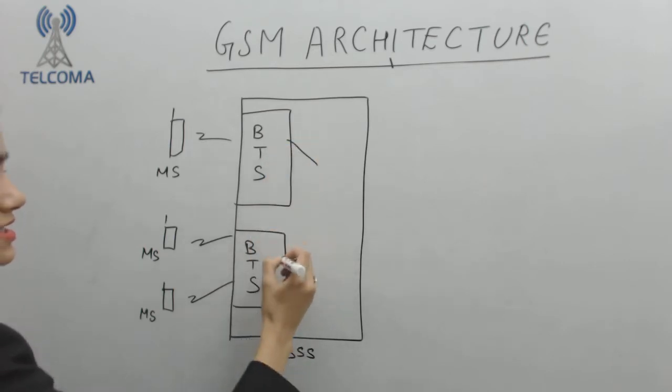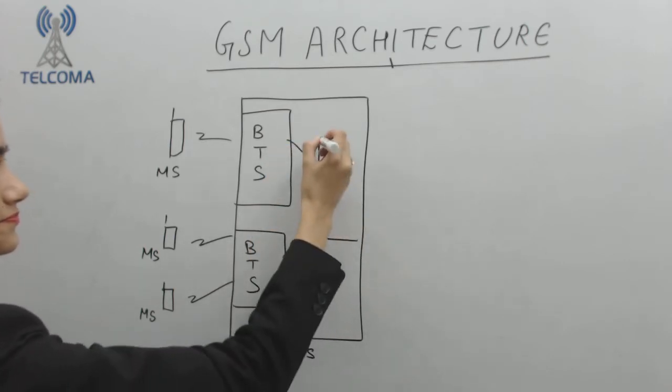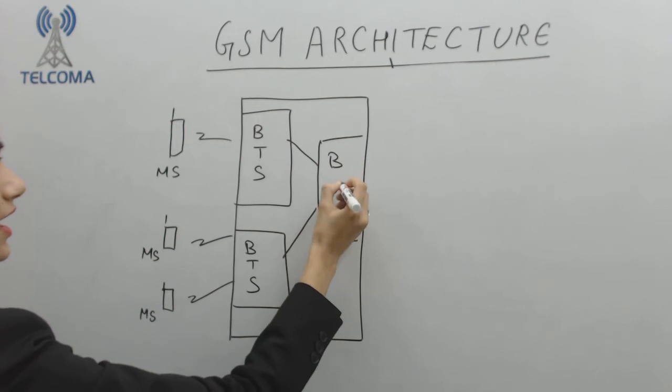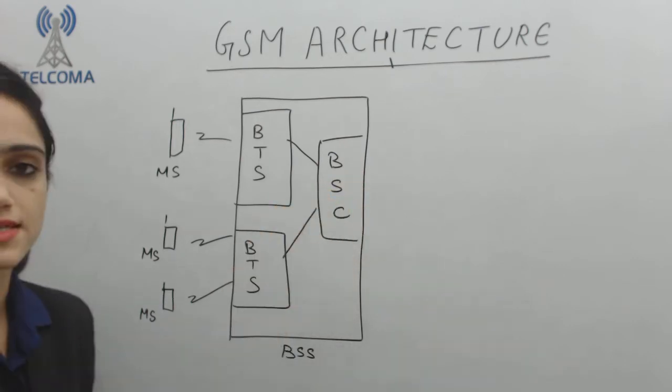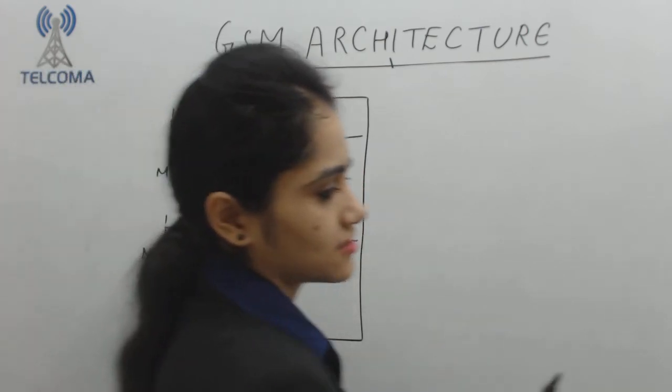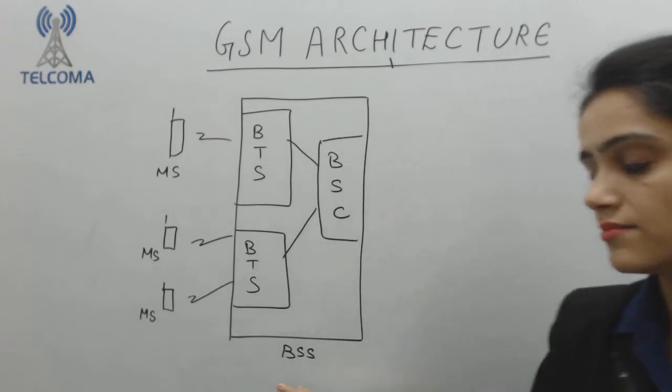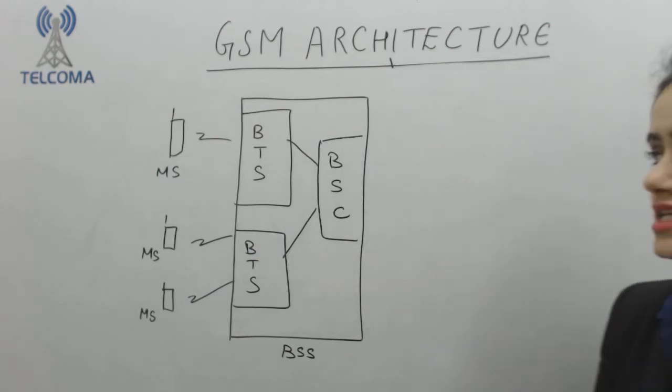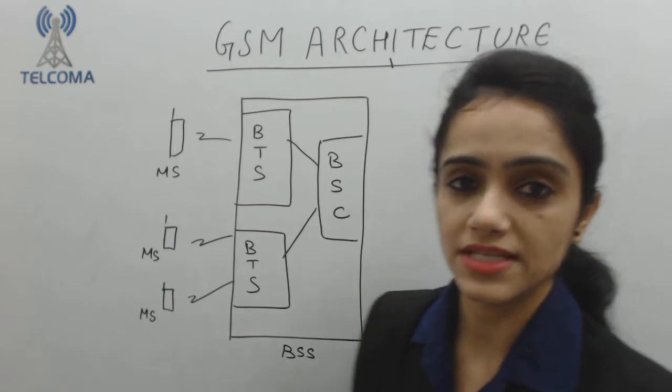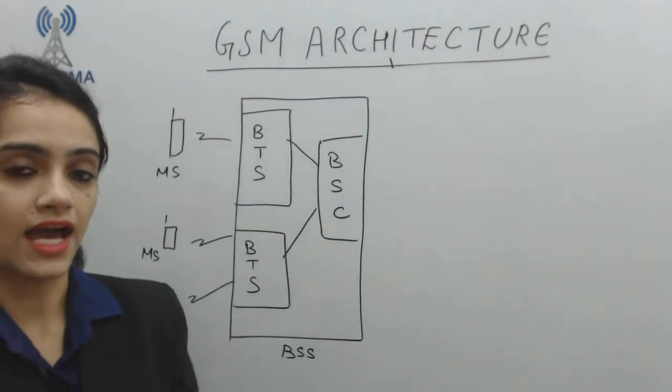Now BTS is controlled by an entity which is BSC. So these are the entities in my BSS part, that means the base station subsystem part. I have BTS and BSC attached.